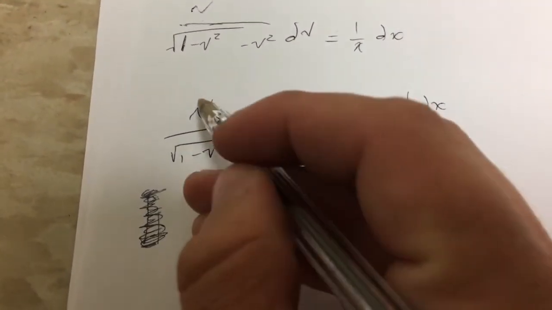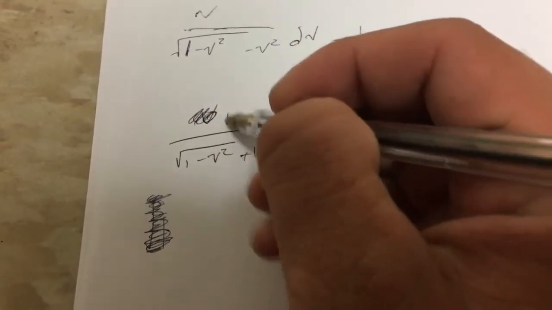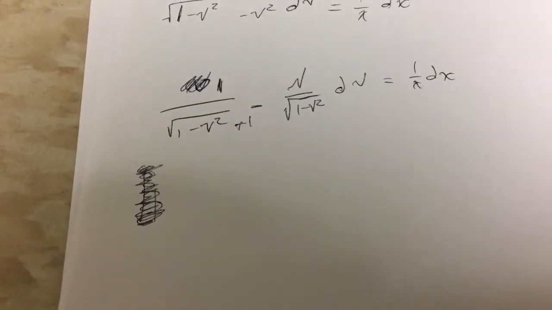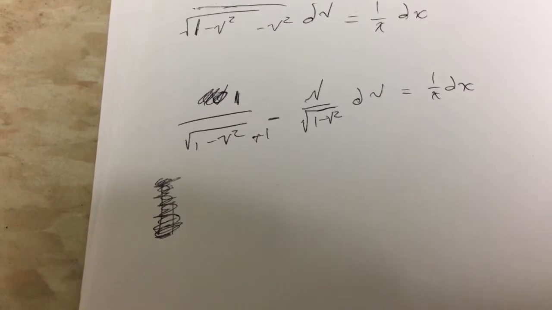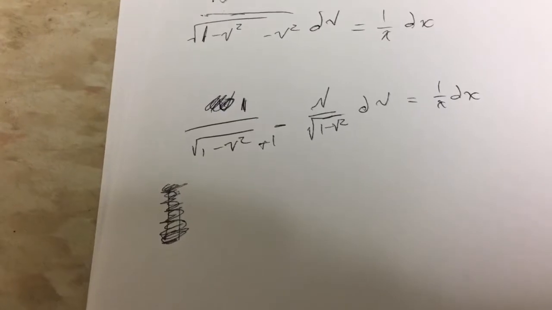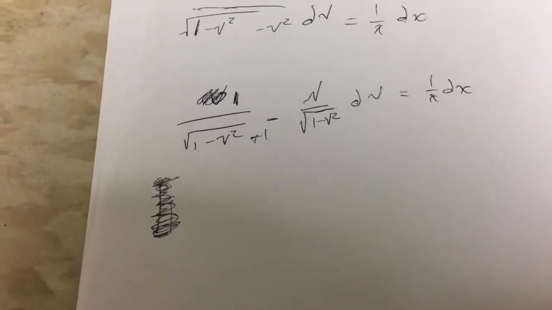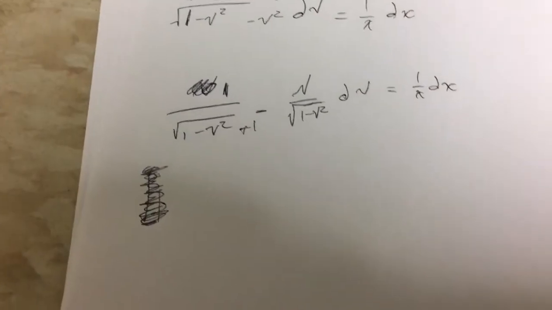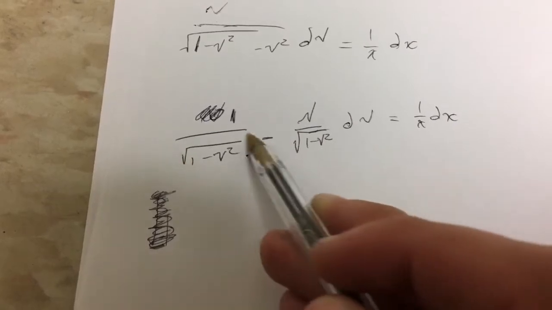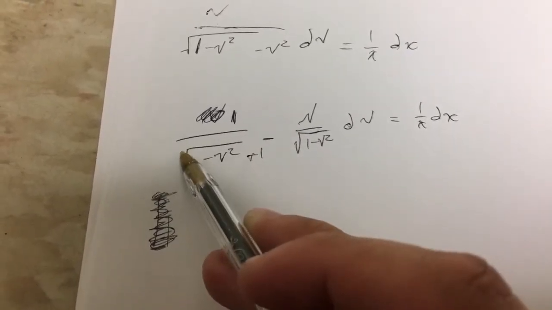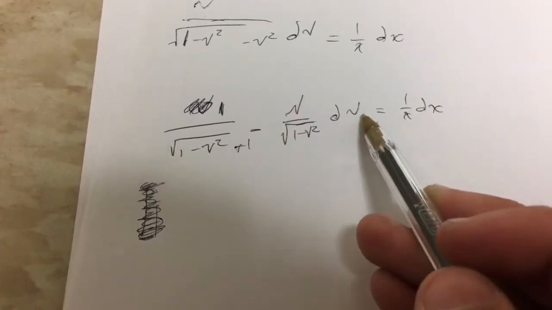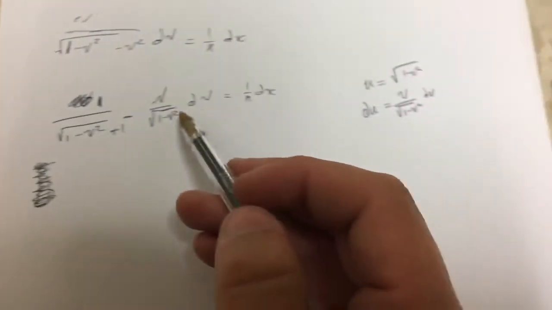This ends up being 1 over the square root of 1 minus v squared plus 1 minus v over 1 minus v squared dv. I messed up in doing my partial fractions, but it's fine now. So if you notice, we can substitute this square root of 1 minus v squared for u, and this v over the square root of 1 minus v squared dv can be our du.